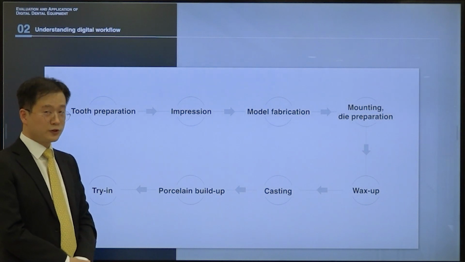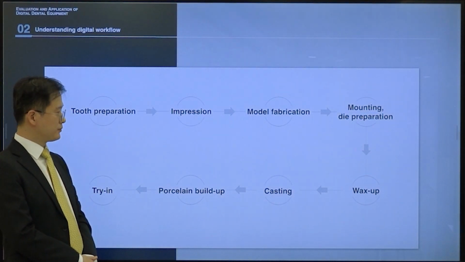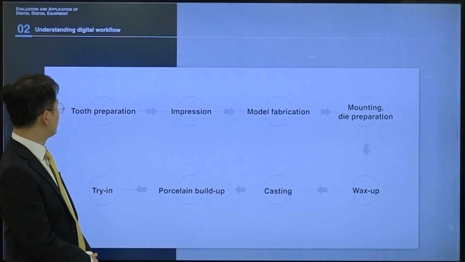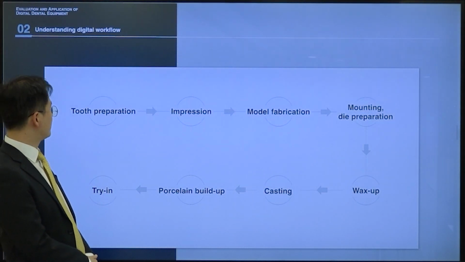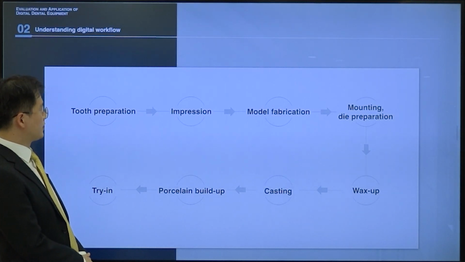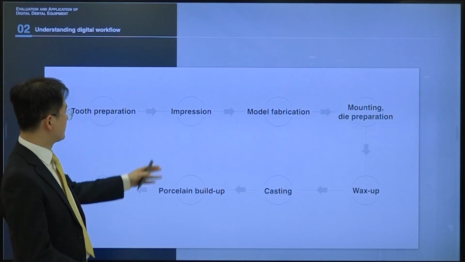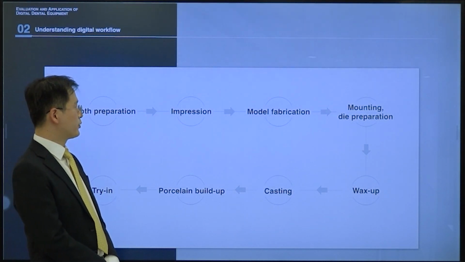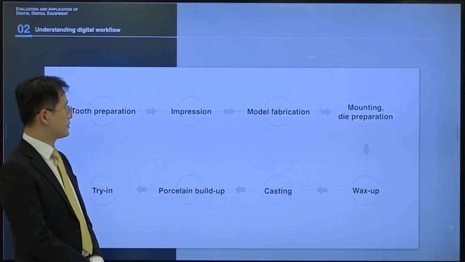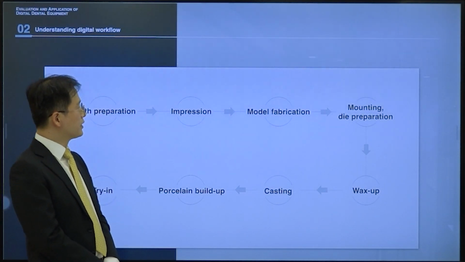Let's see the workflow of our clinic. When we are making a crown restoration, we usually make an impression with silicone material, and we pour stone or plaster to make a model.